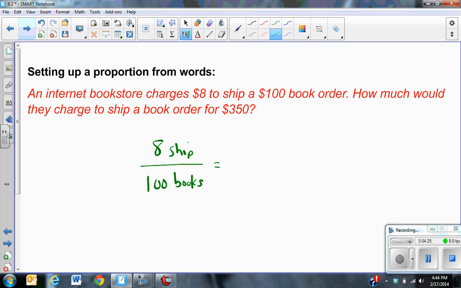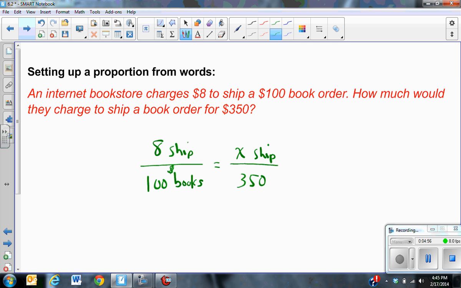So now on this side, I have to have the shipping charge in the numerator and the books in the denominator, because that's the way it appears on the left side. So I want to know how much they charge to ship a book order, and this should be in dollars over dollars of books. So now I need to put 350 in the denominator and x shipping in the numerator.